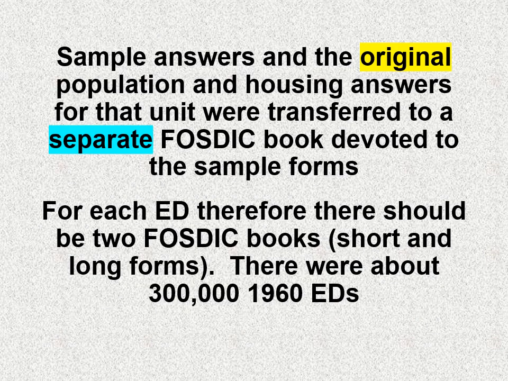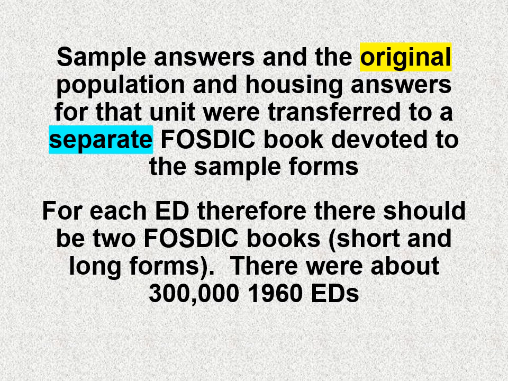And then what happened was that the long form answers and the original population and housing answers from the advance census report for that unit were transferred to a separate FOSDIC book devoted to the sample forms.